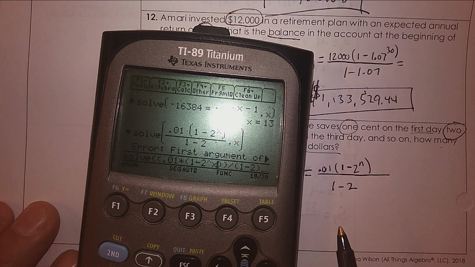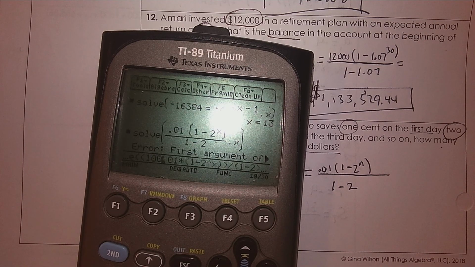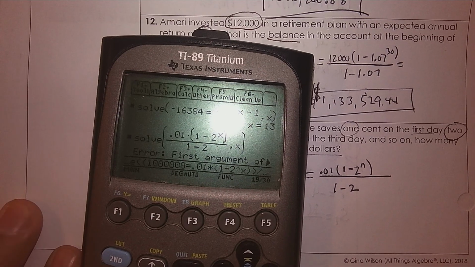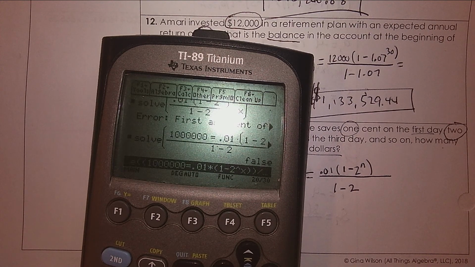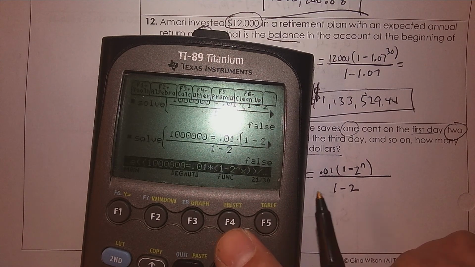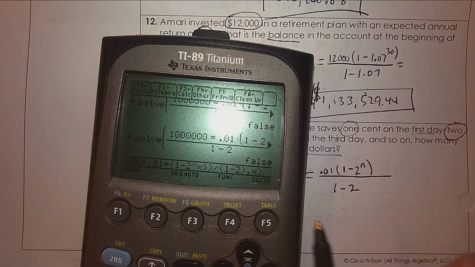You didn't put equal a million. Oh, I didn't put equal a million at the front. That's what I wanted, right? 1 million. Yeah, you're supposed to put 1 million at the beginning. Duh, right? Oh, and then I typed it in wrong that way. Silliness. So, let's try to do it properly.